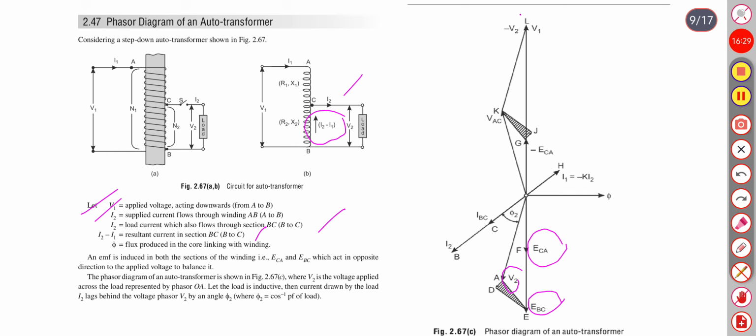Let the load be inductive, then the current drawn by the load, I2, lags behind the voltage V2 by an angle of phi 2. This is the angle phi 2 and this is the current I2 flowing in the BC circuit.